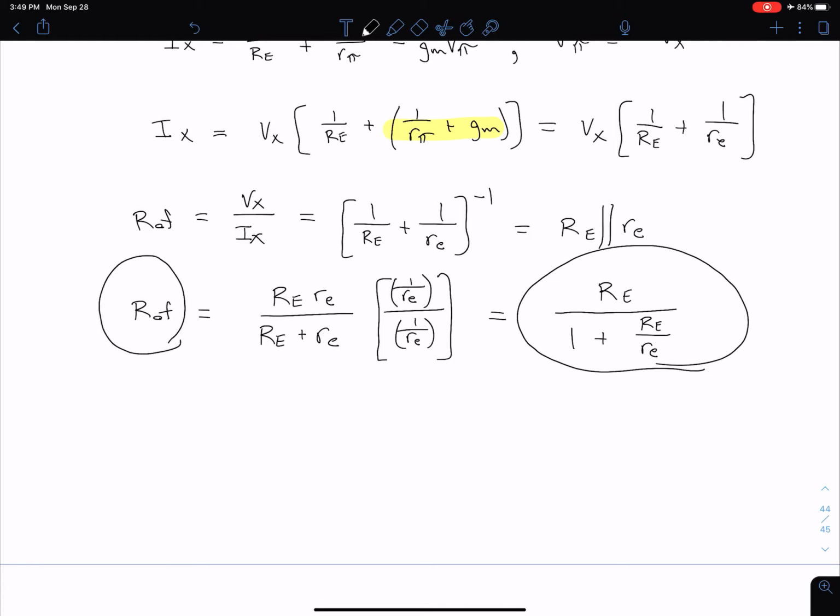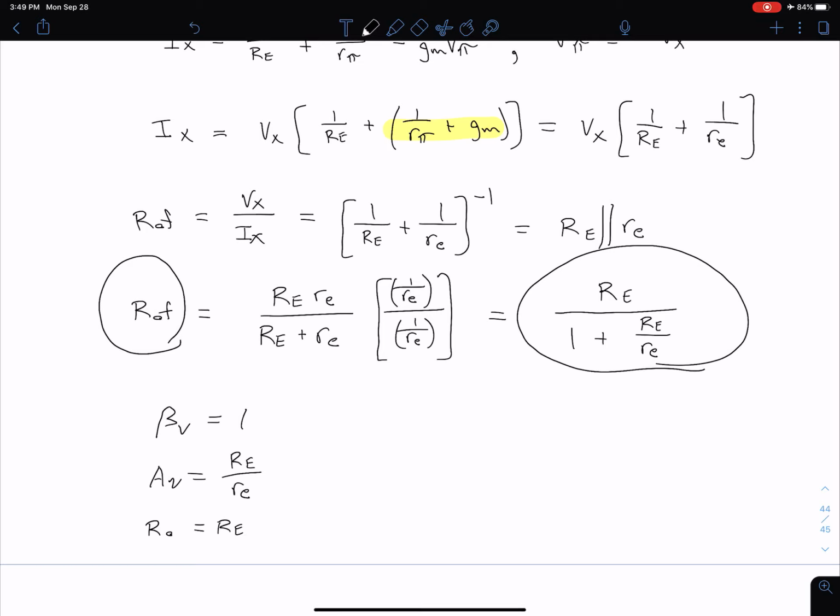So we get something that looks like this. And so recall, we know from previously that our beta sub v is 1, and our A sub v is equal to R sub e divided by that lowercase r sub e. And from inspection then, we can see that our output resistance without the feedback is equal to our emitter resistor.